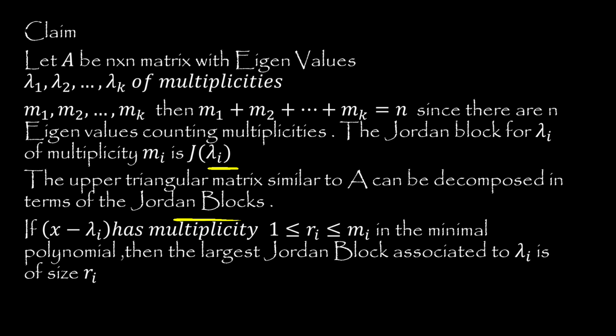If x minus lambda i has multiplicity between 1 and mi in the minimal polynomial, then the largest Jordan block associated with lambda i will be of size ri. That will be the minimum, because the minimal polynomial will have to follow that.